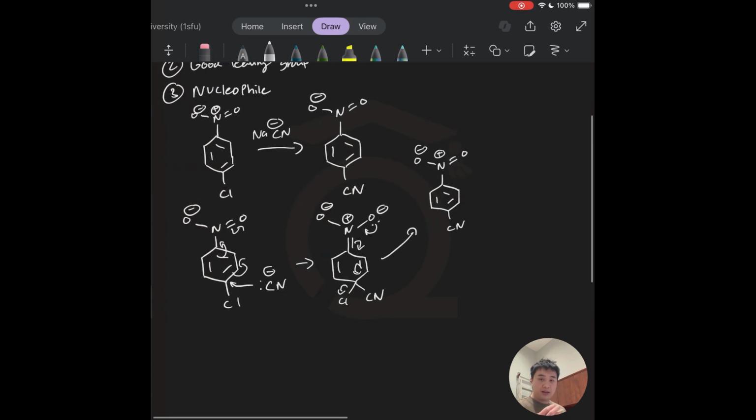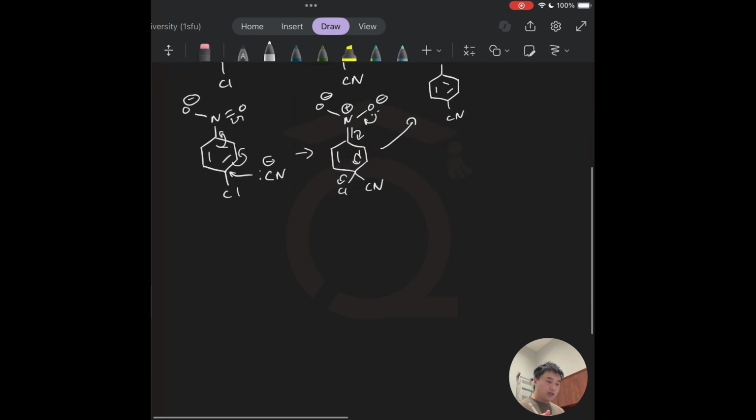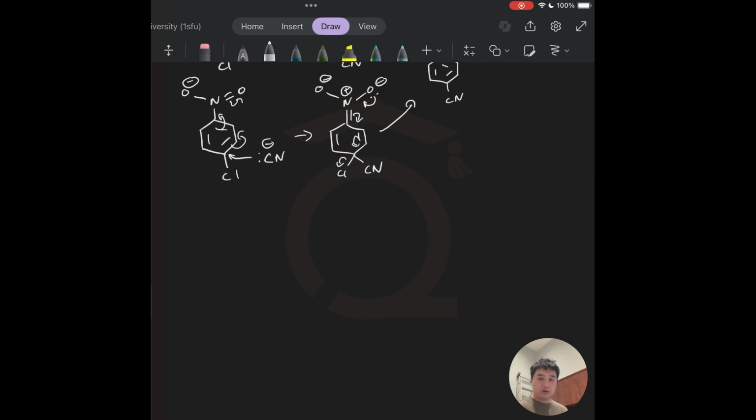Now there are some key things to take into account here, right? Remember how I said that the position of your electron withdrawing group doesn't matter in directing where your nucleophile goes. The leaving group is where your nucleophile will go. However, where your leaving group is in relation to your electron withdrawing group will affect the rate, okay?